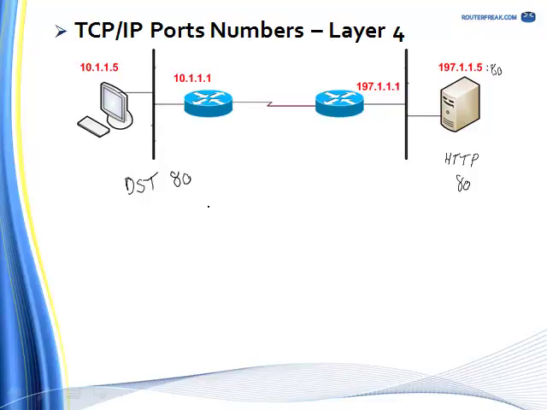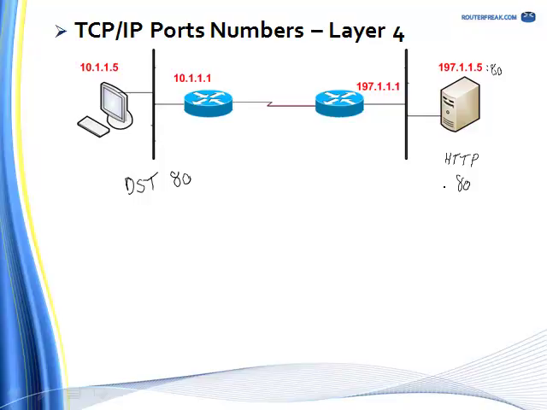Essentially, every server has multiple different services that run on it. On most any server, you could have a web server running on port 80, that's your HTTP server. You could have a DNS server. You could have a mail server.